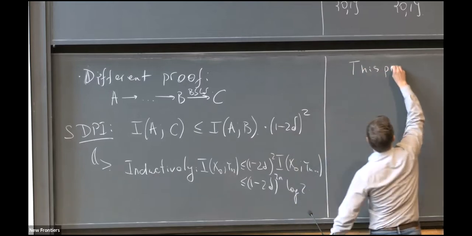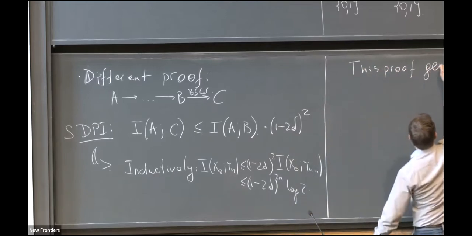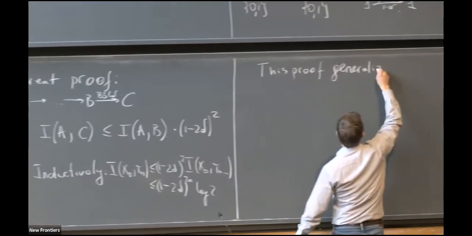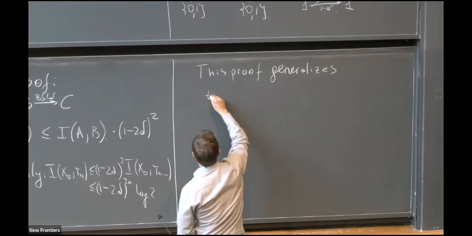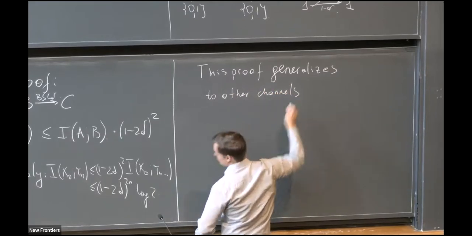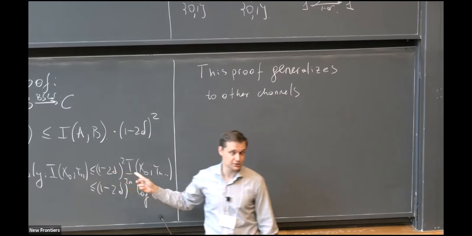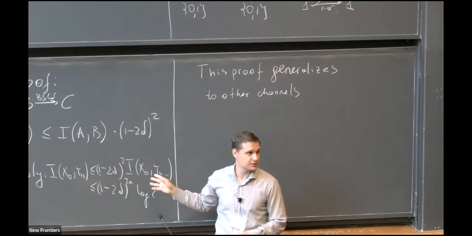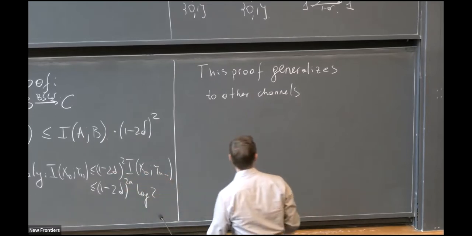This proof generalizes to other channels. Notice that here I never asked what the f_j's are. This is the beauty of this proof: it doesn't require enumeration of the possibilities.